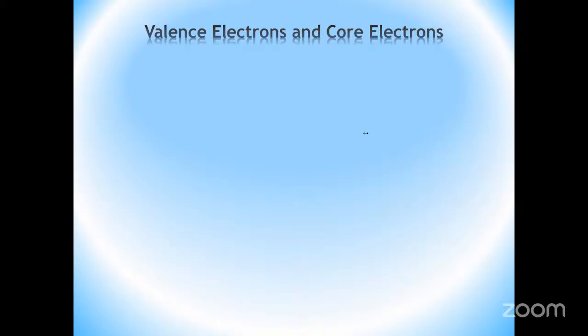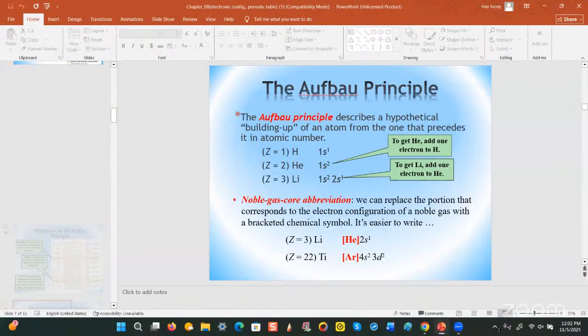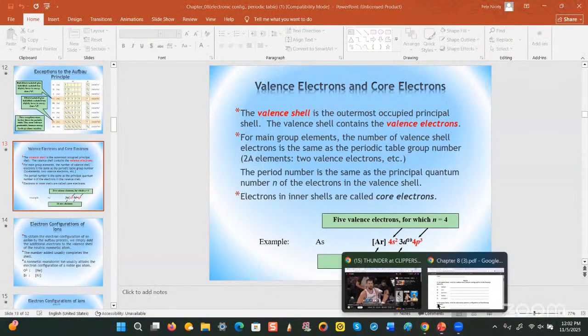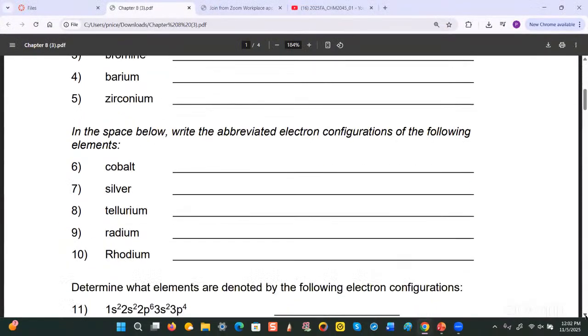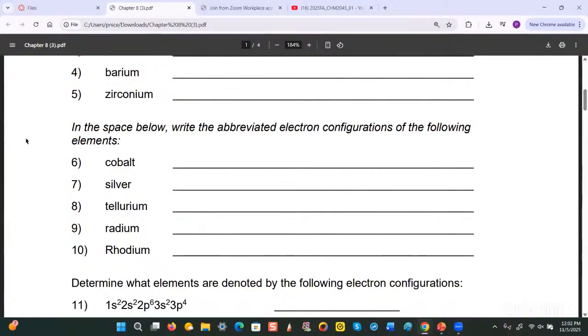Okay, so let's go to the assignment. In the second part of part A, you're asked to write the abbreviated, not the full, but the abbreviated electron configuration for the different elements.